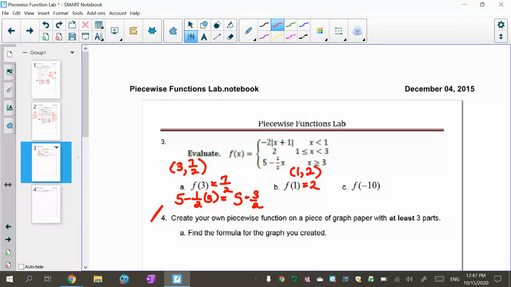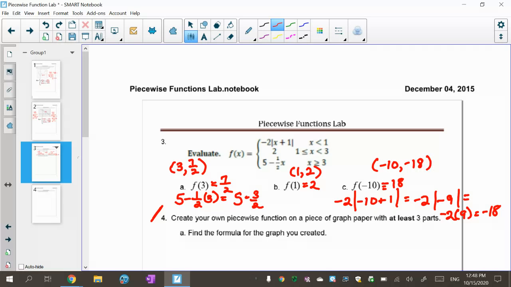Then they want me to find f of negative 10, and negative 10 only fits in this top piece, so I'm going to plug it in. 2 times the absolute value of negative 10 plus 1, which is negative 2 times the absolute value of negative 9, which is the same as saying negative 2 times 9, or negative 18. So negative 18 is my answer, and that's the point (-10, -18).